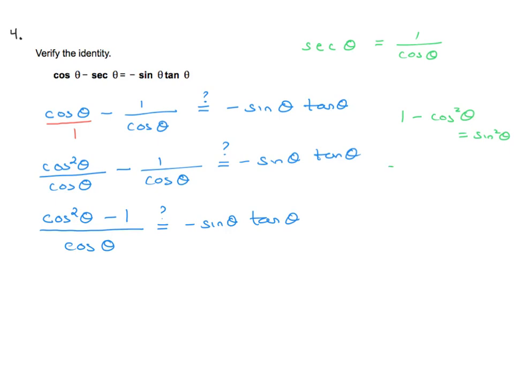So it's really negative 1 plus cosine squared of theta. But that means you're multiplying the other side by a negative as well. So this cosine squared theta minus 1 is really this, and it's not equal to sine squared theta, it's equal to negative sine squared theta. I'm going to replace this with negative sine squared theta.